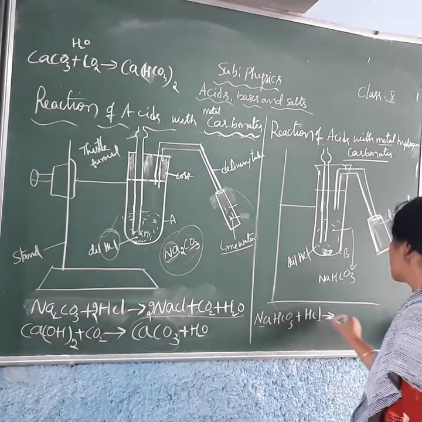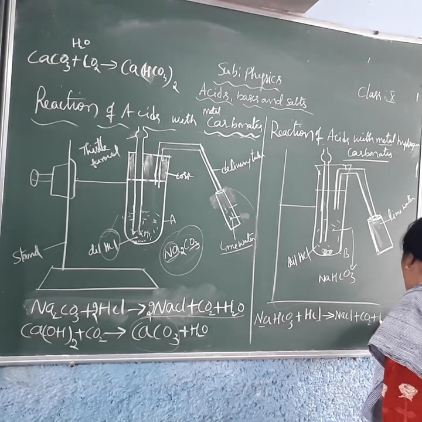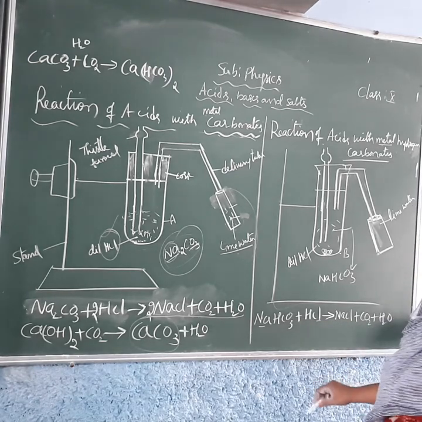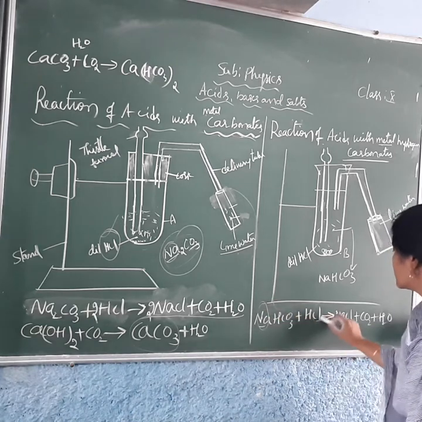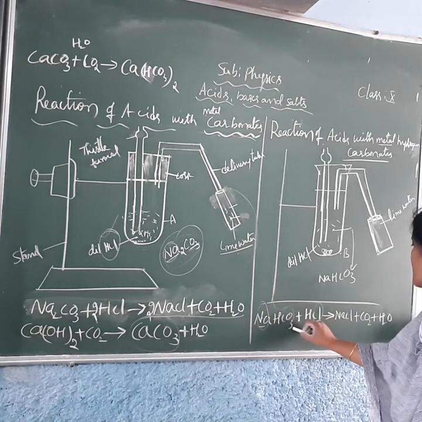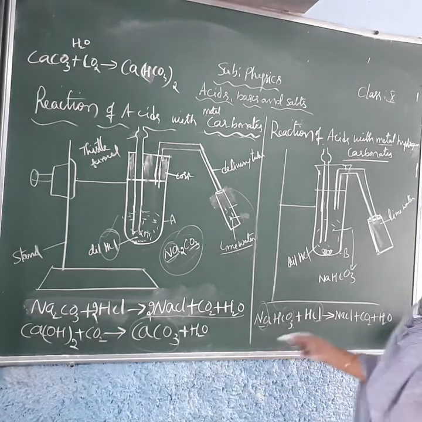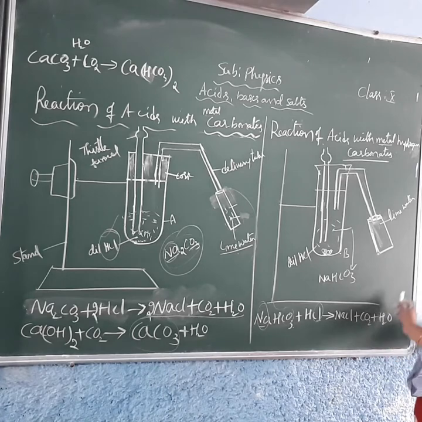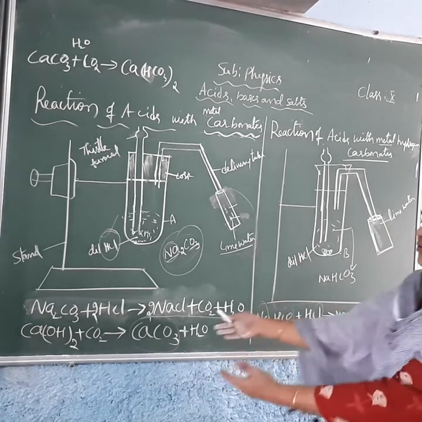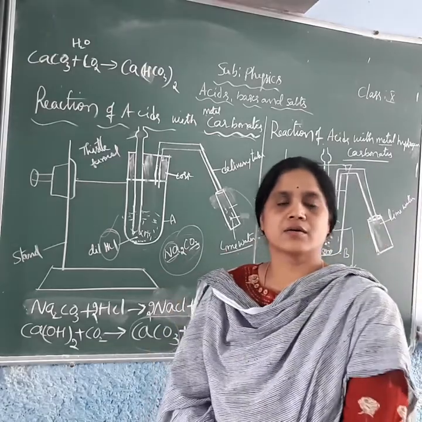So NaCl plus carbon dioxide plus water. Is it balanced? Na and Cl balance, CO2 balanced, H2O. So balanced. Whatever we get is the same equation. This is very important; they have asked it 2-3 times.